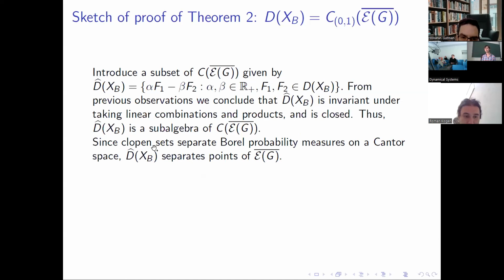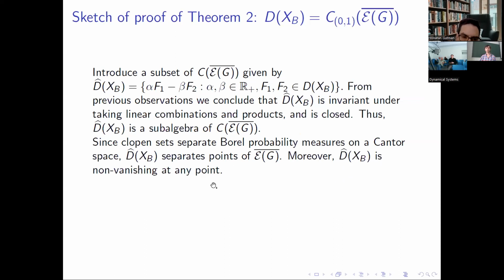Since clopen sets separate Borel probability measures on the Cantor space, meaning that for any two measures mu1, mu2, we can find a clopen set A such that mu1 of A is not equal to mu2 of A, this space D hat separates points.